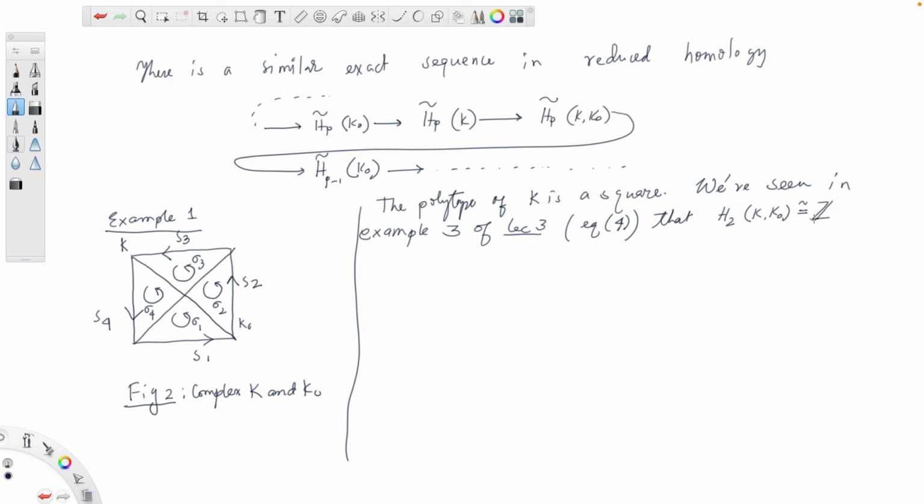This is what we have seen in lecture 3 of the course of algebraic topology.